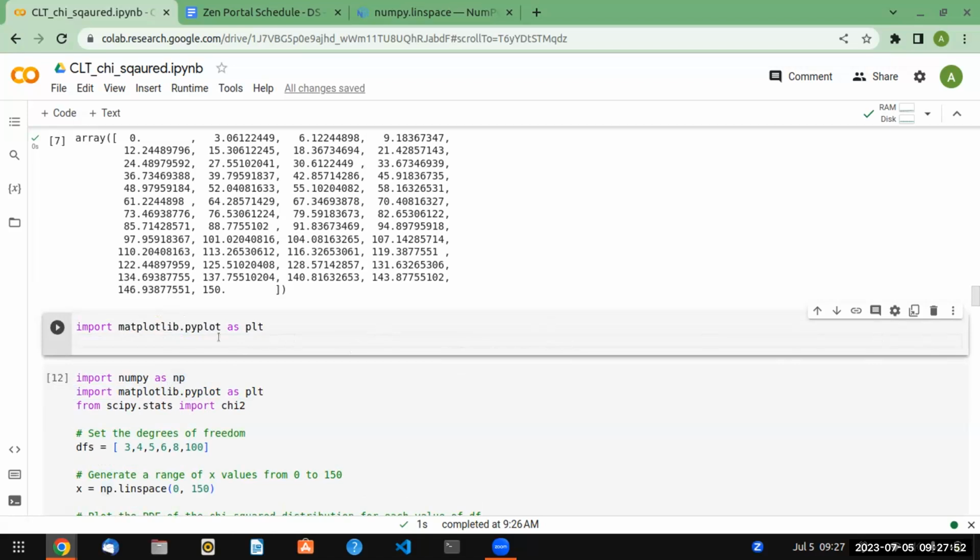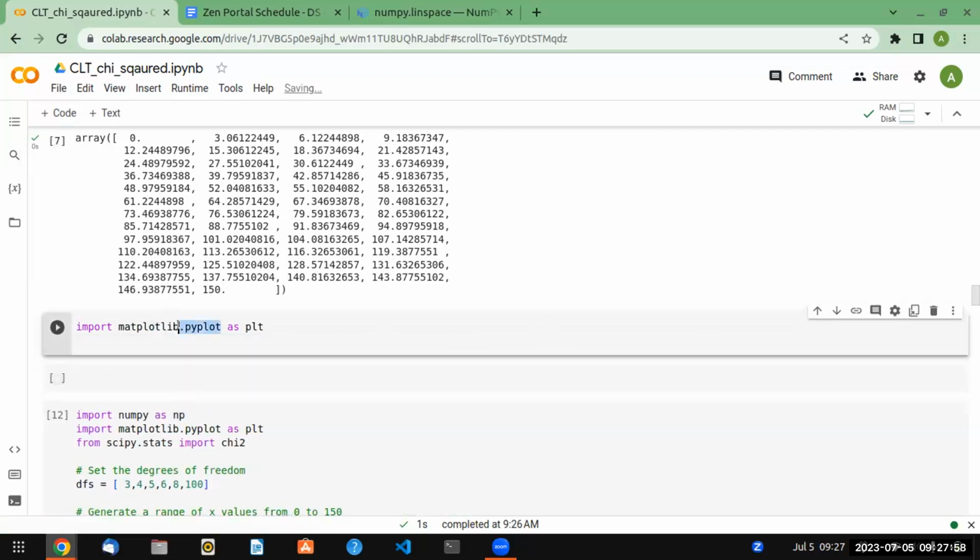Because it has this. But to reduce the execution time, we import pyplot specifically, so from matplotlib you borrow pyplot also.